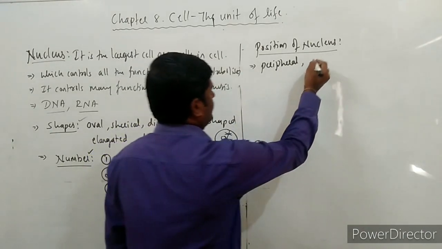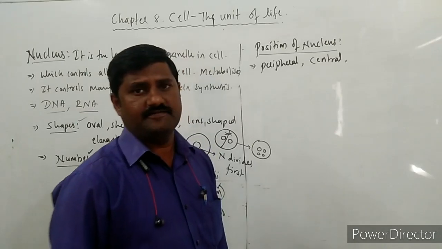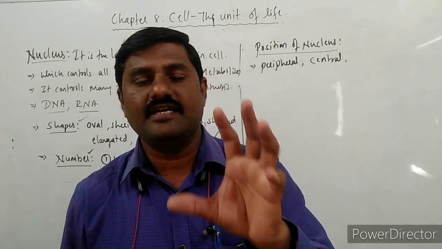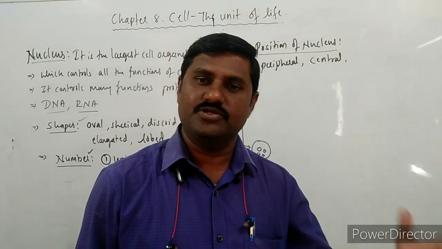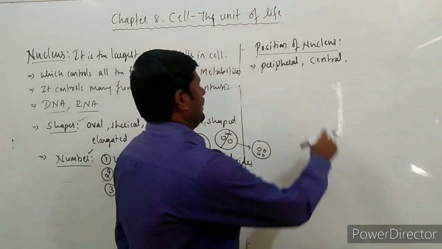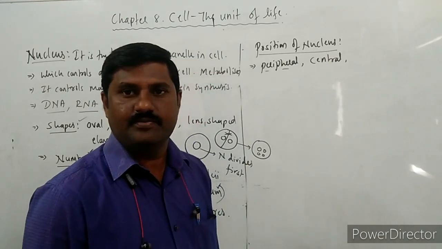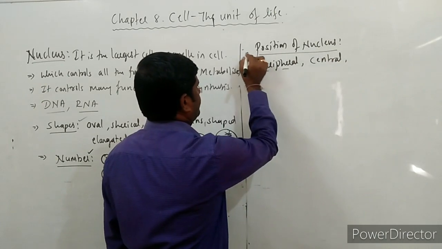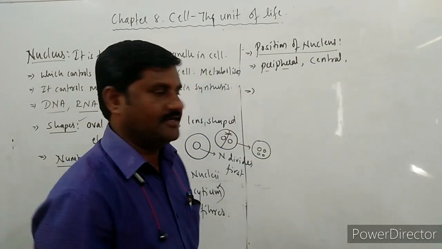Or central in position: majority of the time in eukaryotic cells it is present at the center of the cell itself, right? Sometimes it is pushed towards the periphery. In skeletal cells also it is peripheral in nature, alright? So the position of the nucleus differs from one type of cell to another.